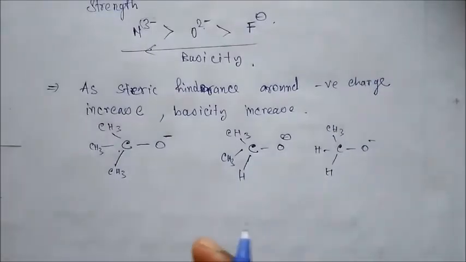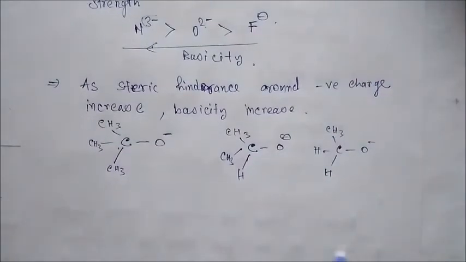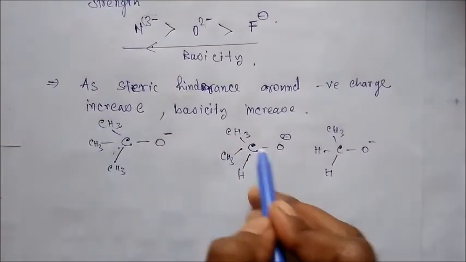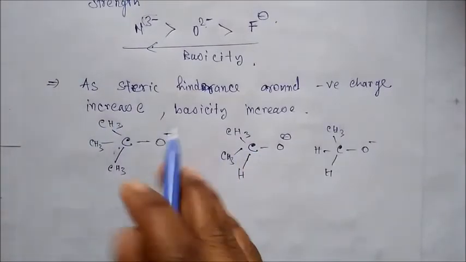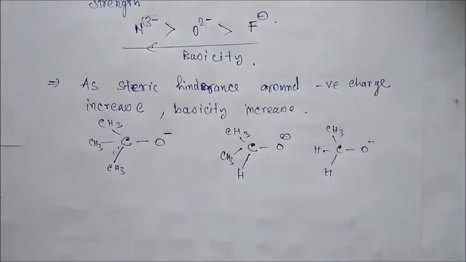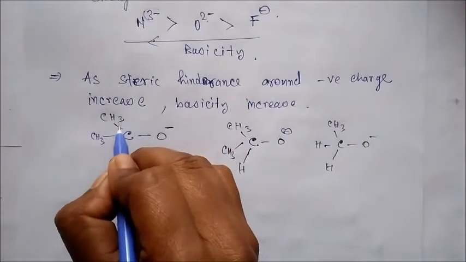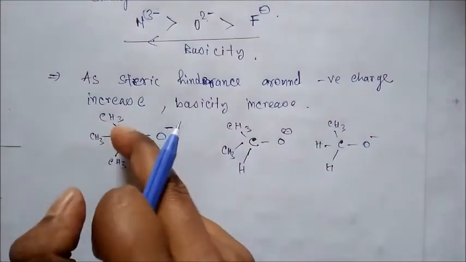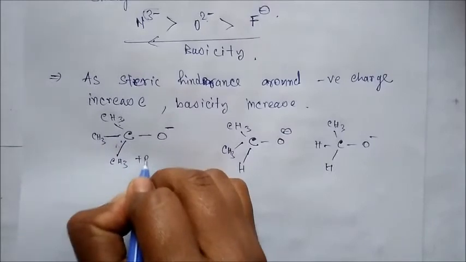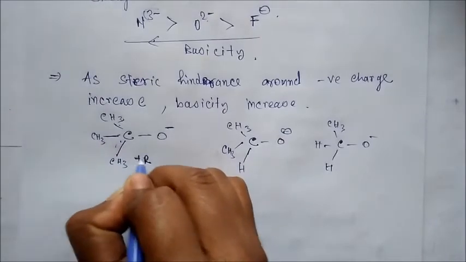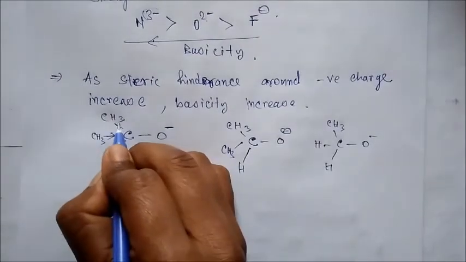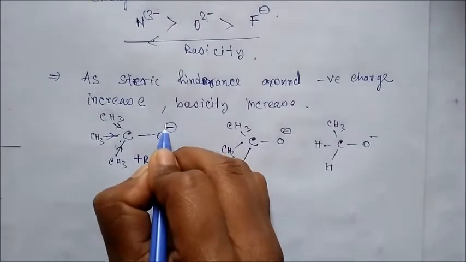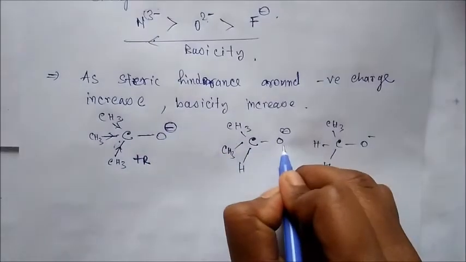If you compare the basicity here, you can see there is steric hindrance here, so the basicity will be greater here. There is a bulkier group, CH3, and it is giving its electron. Methyl shows a plus R effect, so it will give electrons, increasing the electron density here. So electron density will be more here compared to here.